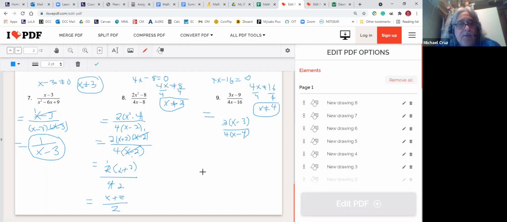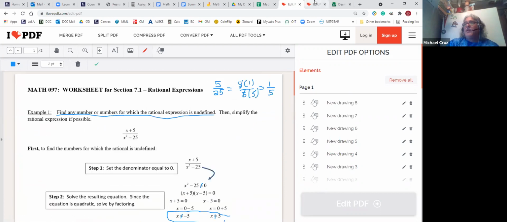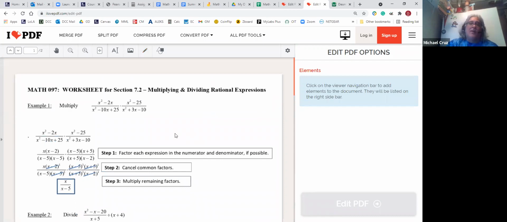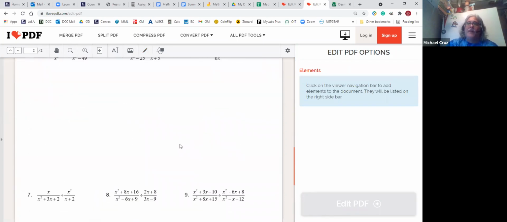All right, so make sure we had enough time. And you can see throughout, factoring is going to play a part in here. So that's why factoring is key.